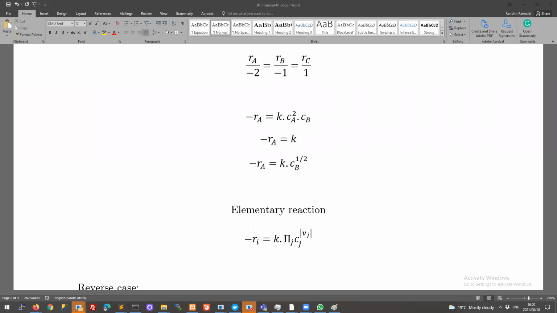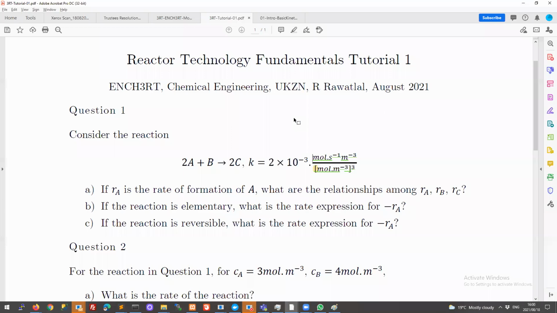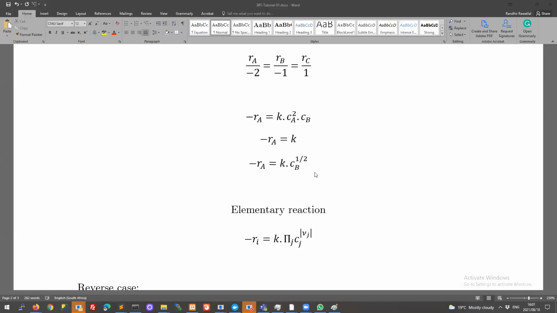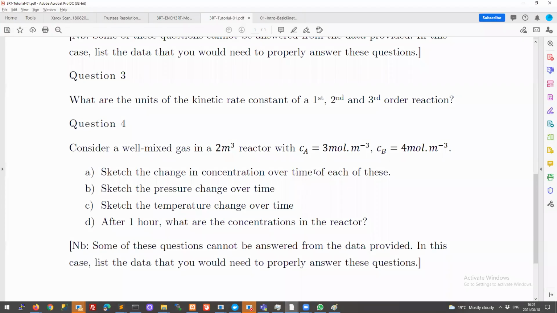So anyway, so here you've got your rate. It has a squared dependence on the concentration of A, and so in the question here, we can think about as the reaction proceeds and A and B get consumed and C is produced, how is that concentration going to change? We know it's going to drop, but maybe try and go further and actually sketch the shape of what that's going to do.